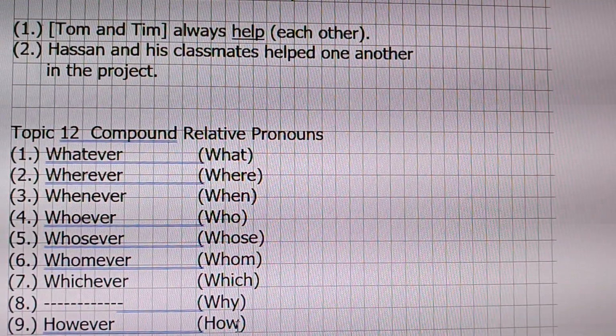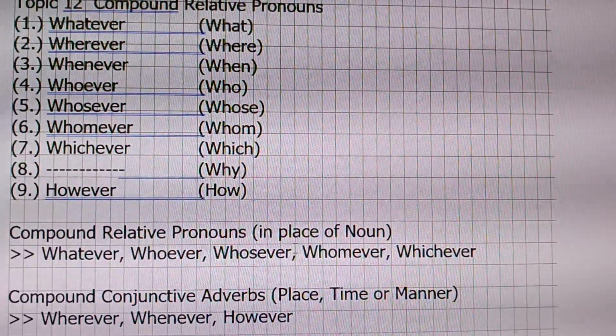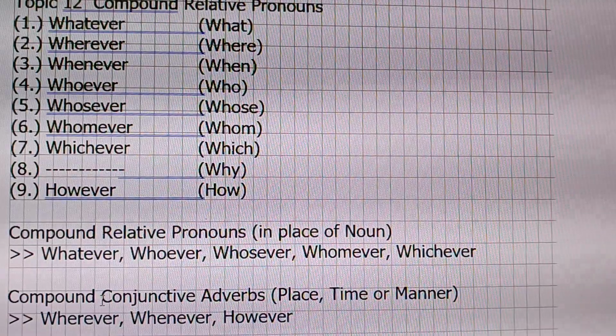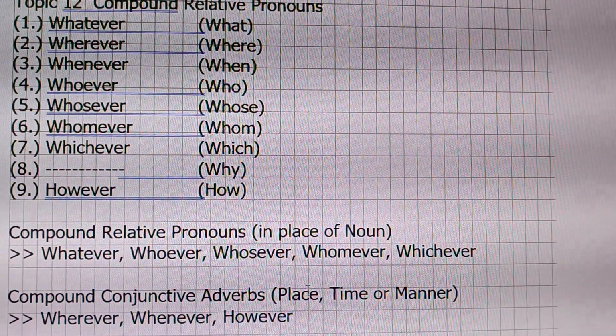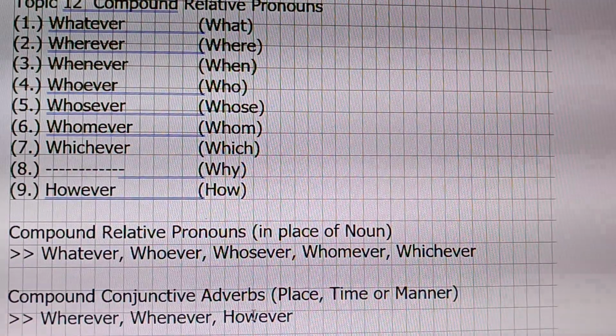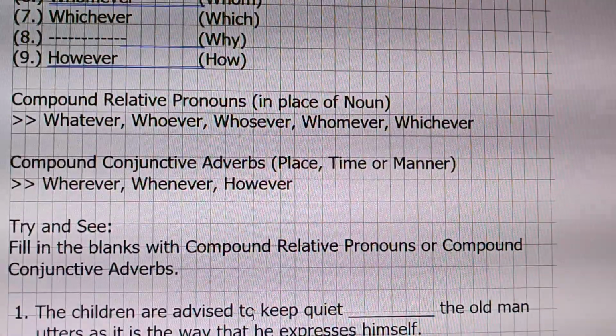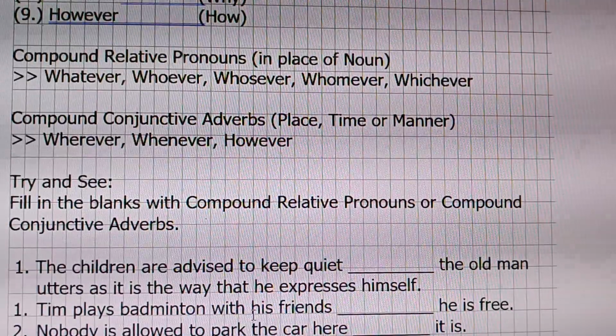Okay, it doesn't have. How, however. So compound relative pronouns are used in place of nouns. Compound conjunctive adverbs, when you refer to time, place, or manner, you use wherever, whenever, however. The same rules apply here for pronouns or adverbs.